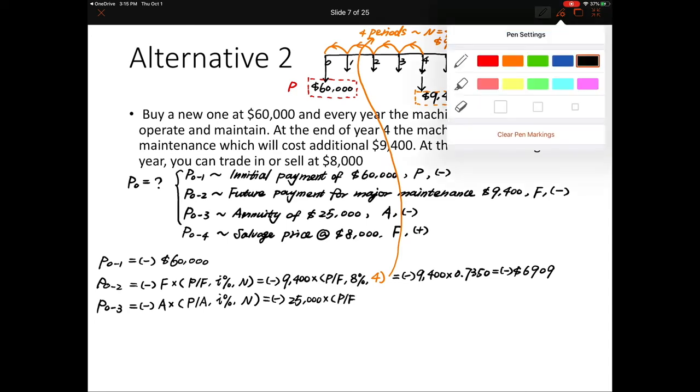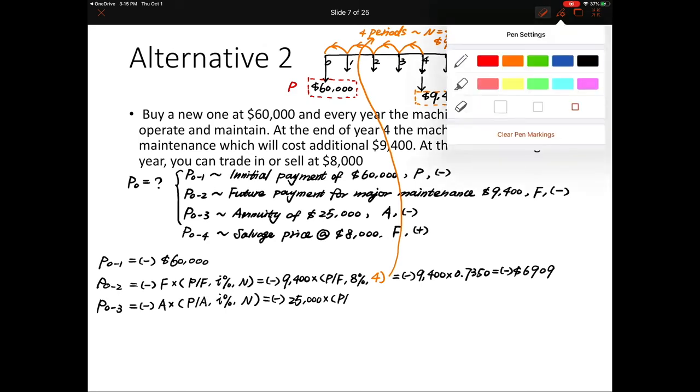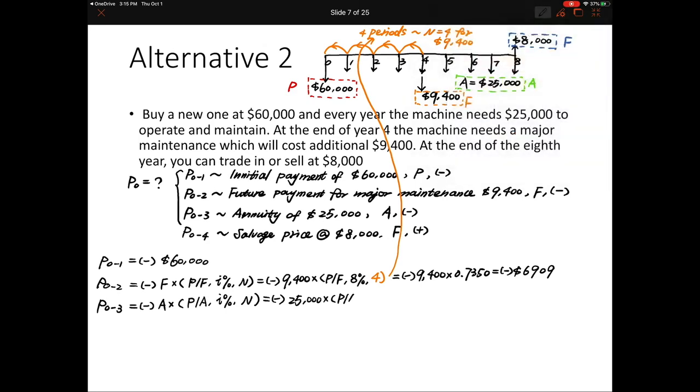The factor is P/A at 8%. This annuity occurred at the end of every period for 8 times, so the n now is 8.